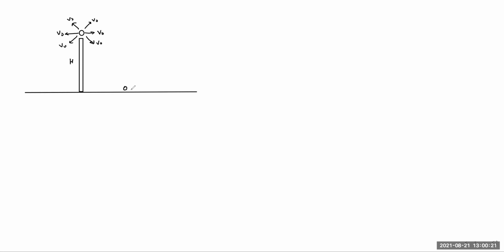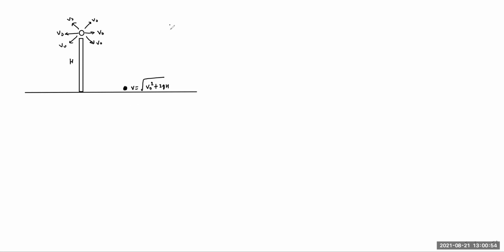It can have any direction, but the speed will always be the same. So the final speed remains independent of how you throw it, in which direction you throw. And this follows from the principle of conservation of energy. If you know your class 9th potential and kinetic energy concept, you can in fact derive it.